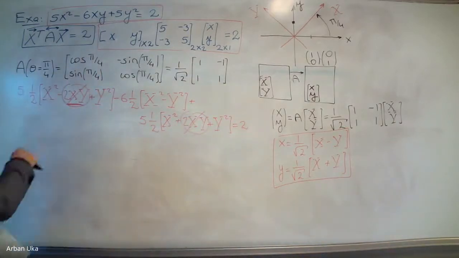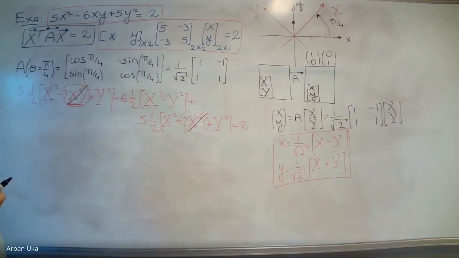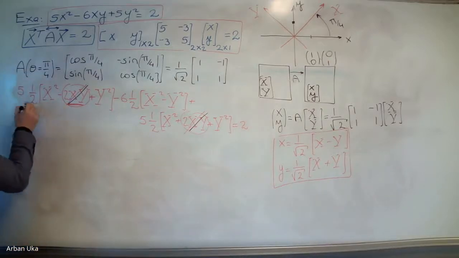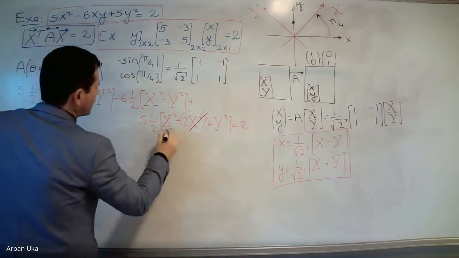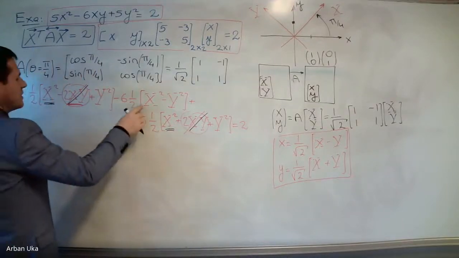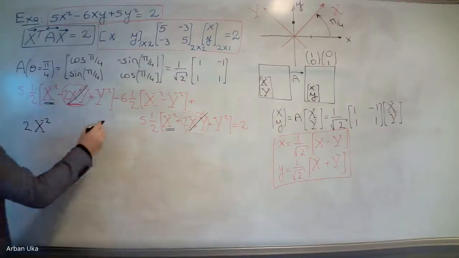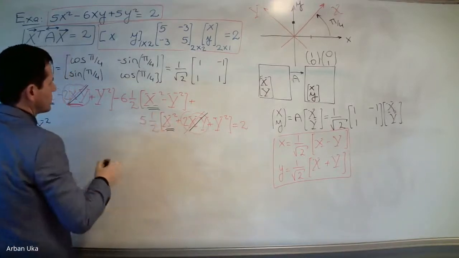In here, this term cancels out this term. And then we look at 5 over 2 x squared plus 5 over 2 x squared. What is it? It is 5x squared minus 3x squared. We get 2 capital X squared, right? So we got done with those terms.